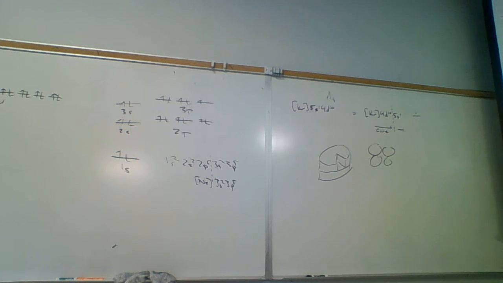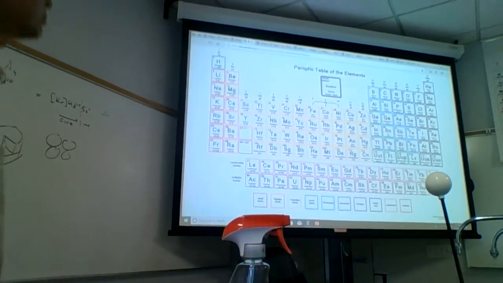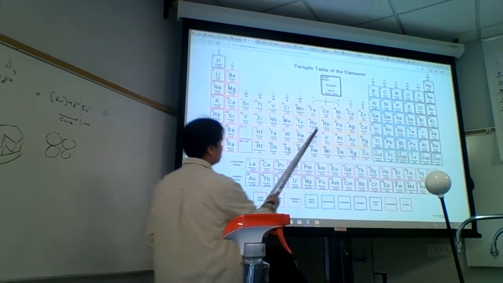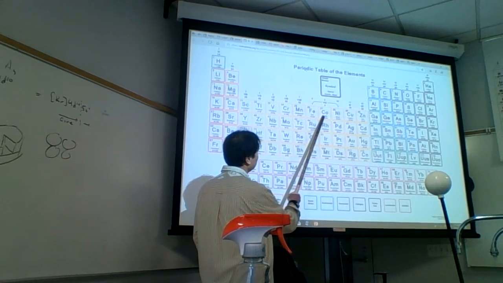Do the electron configuration for cobalt. Cobalt, I'll tell you the easiest way to do these electron configurations is based off the periodic table. If you go to cobalt, here. I just read the electron configuration off the periodic table. That's the easiest for me. There's cobalt.